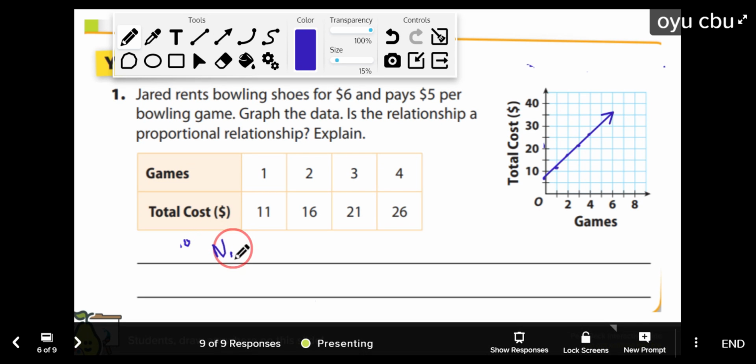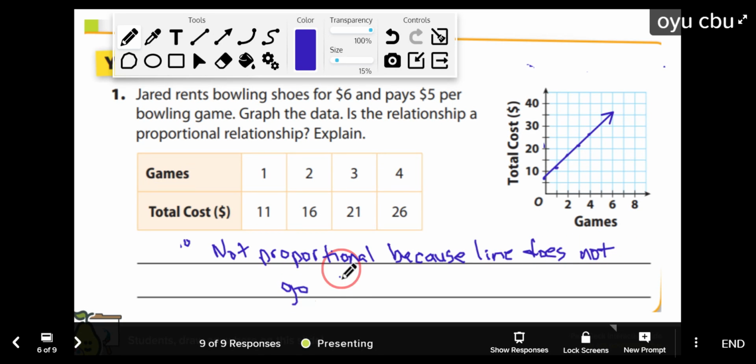So it is not proportional because the line does not go through the origin. All right, that's what you should have written. Let's go to the next one.